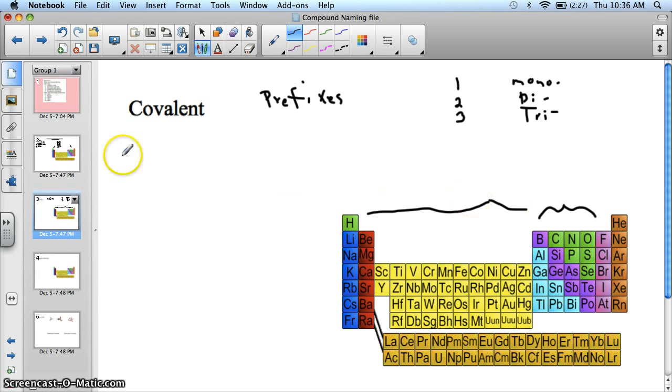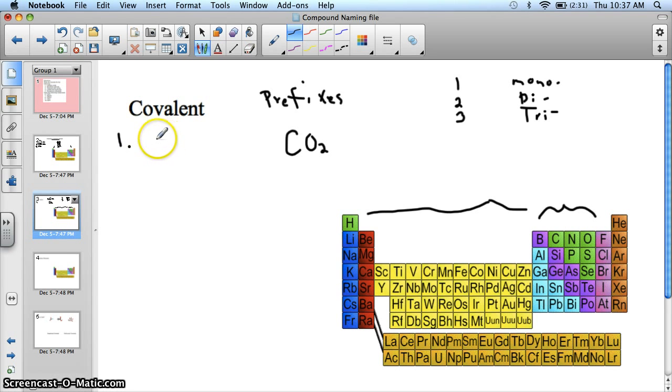So, what if we have carbon and oxygen? And carbon and oxygen is CO2. So which one do you put first? You know, whenever we had these ionic bonds, you'd put the metal first.